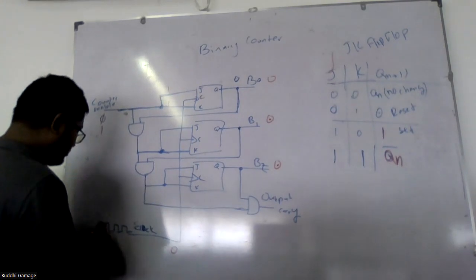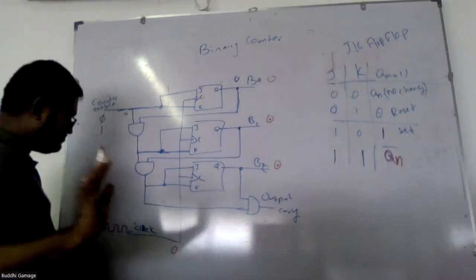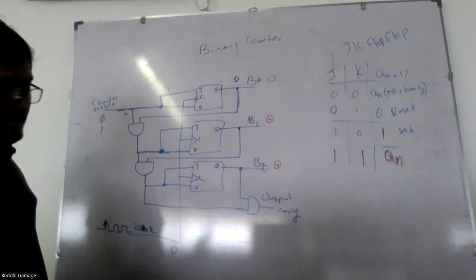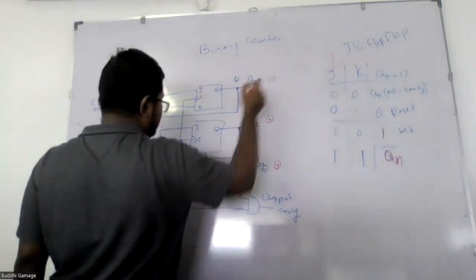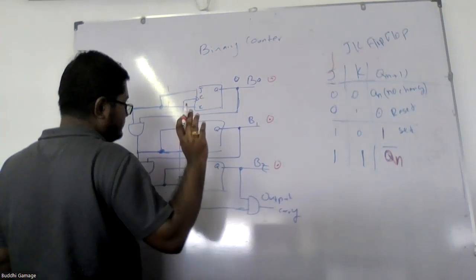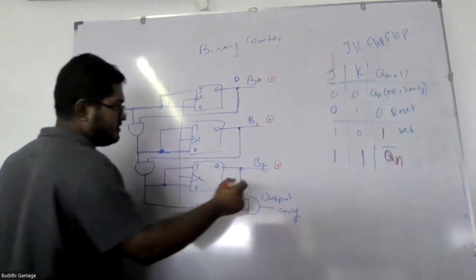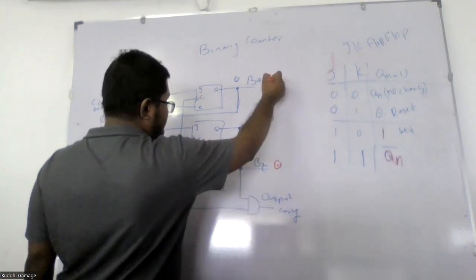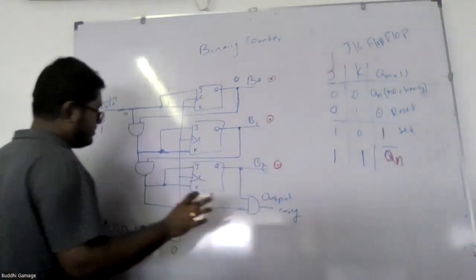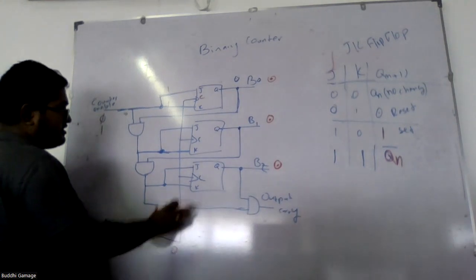And consider that the first clock tick is happening. The previous inputs are these 0, 0, 0. Now only the first clock tick has happened.